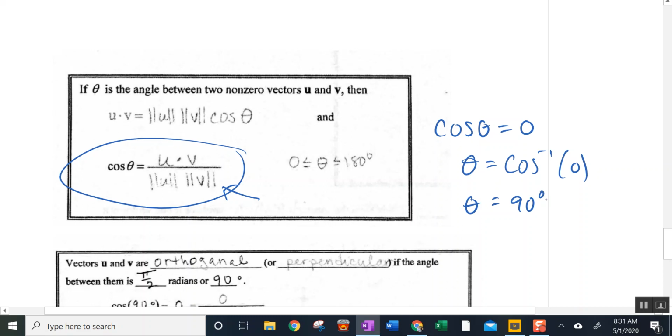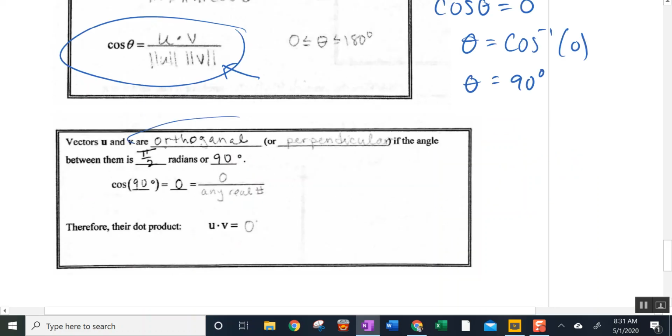So if this value is 0, that means that these two vectors are 90 degrees apart. We call those perpendicular, or in the case of vectors in 3D, we call that orthogonal. So that's this word right here. It basically means perpendicular in 3D space.